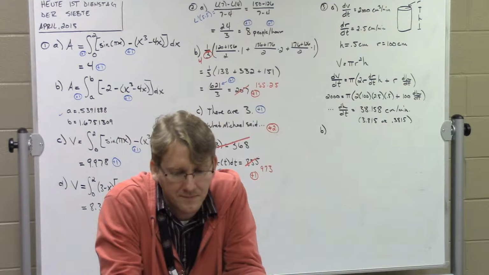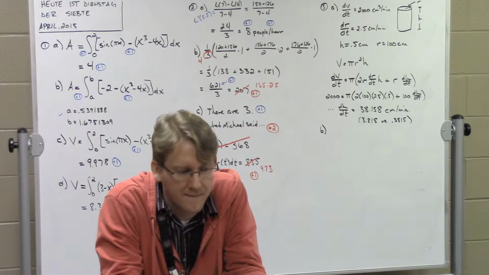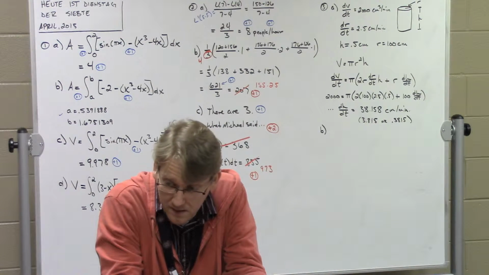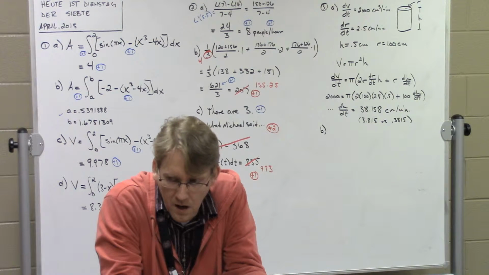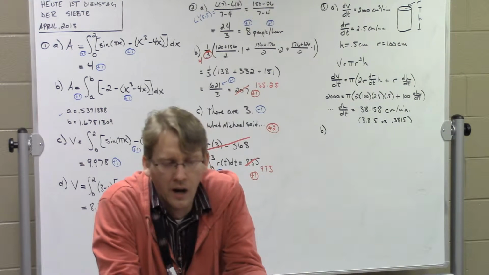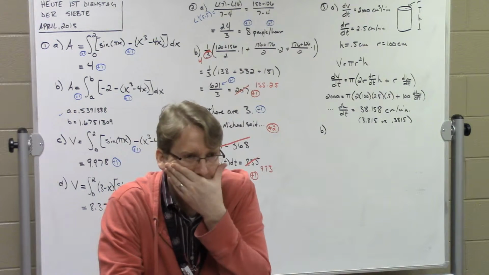Nope. The square root of. No. Well, it has to be somewhere. Could we put a T at the end of the 2,000? Because at the same time it is. It depends on what you want to do with it.